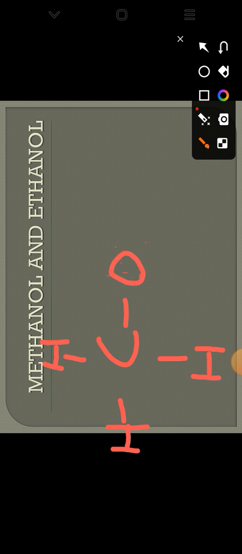So if I replace one of the hydrogen by hydroxyl group, OH group, then it becomes an alcohol. The name of this particular compound is methanol. That is the IUPAC name. Now the common name we call it as methyl alcohol.